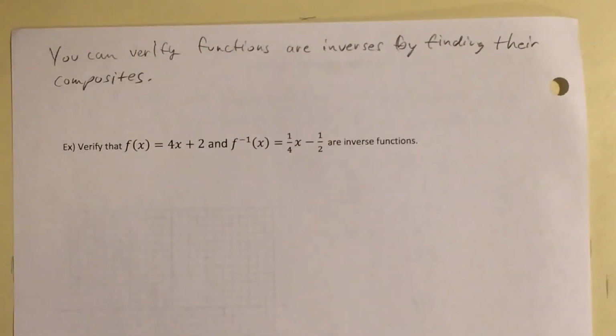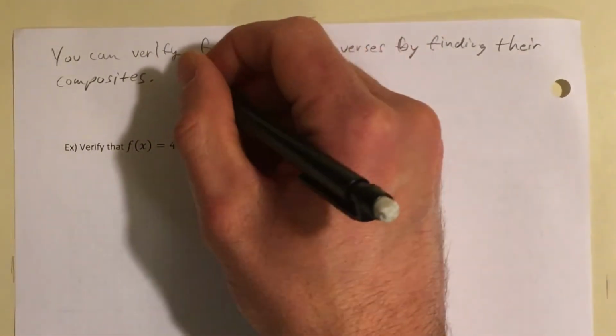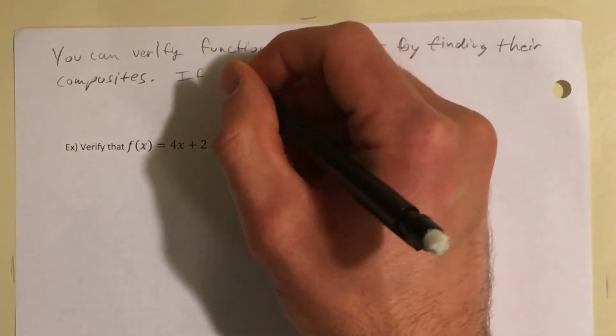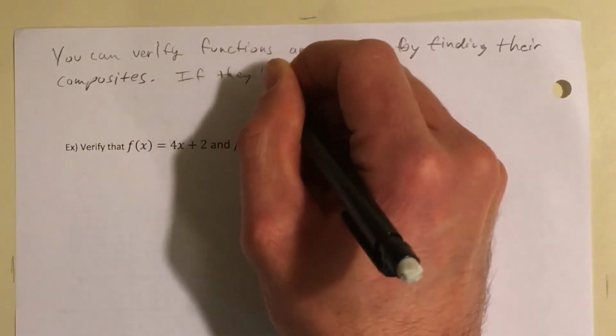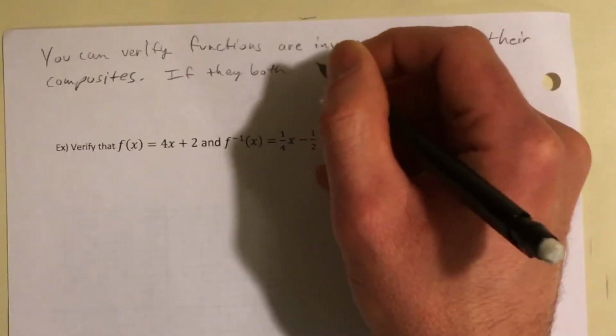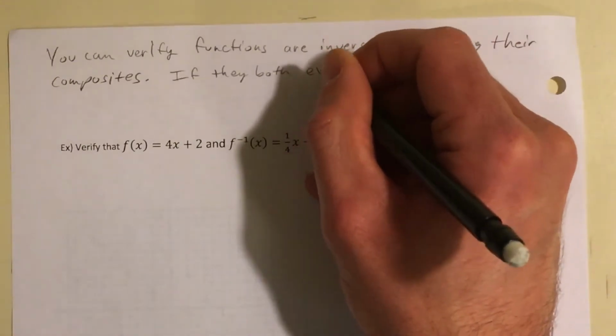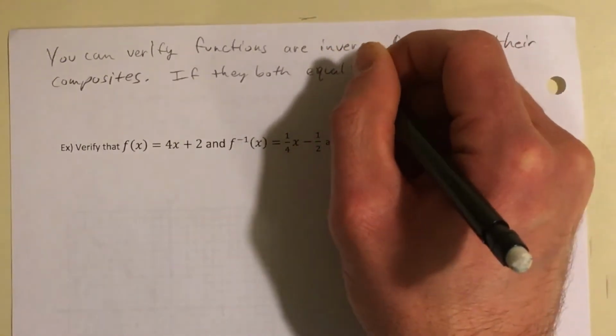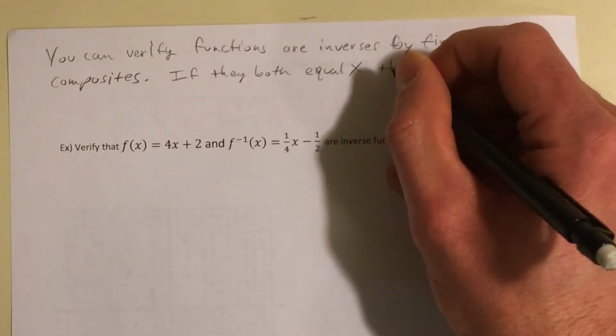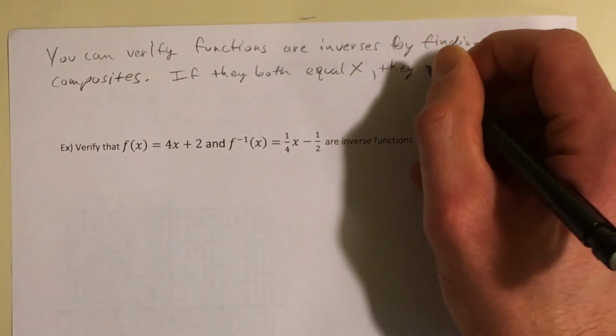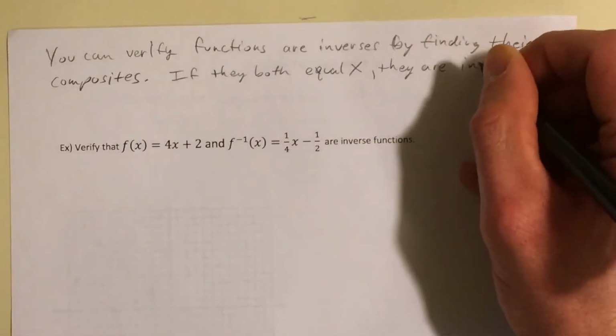You can verify functions are inverses by finding their composites. If they both equal x, they are inverses.